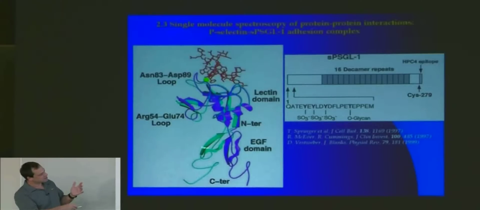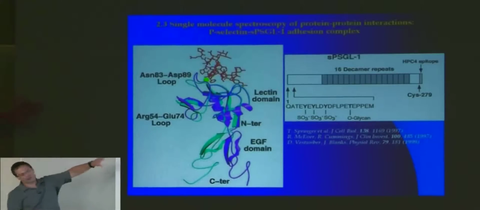In particular, you have this slight shift, slight movement of the EGF domain, and then the arginine 54 glutamate 74 loop is moving slightly from the periphery to the surface to accommodate binding of this molecule. Okay, so this is the pair that we're talking about.